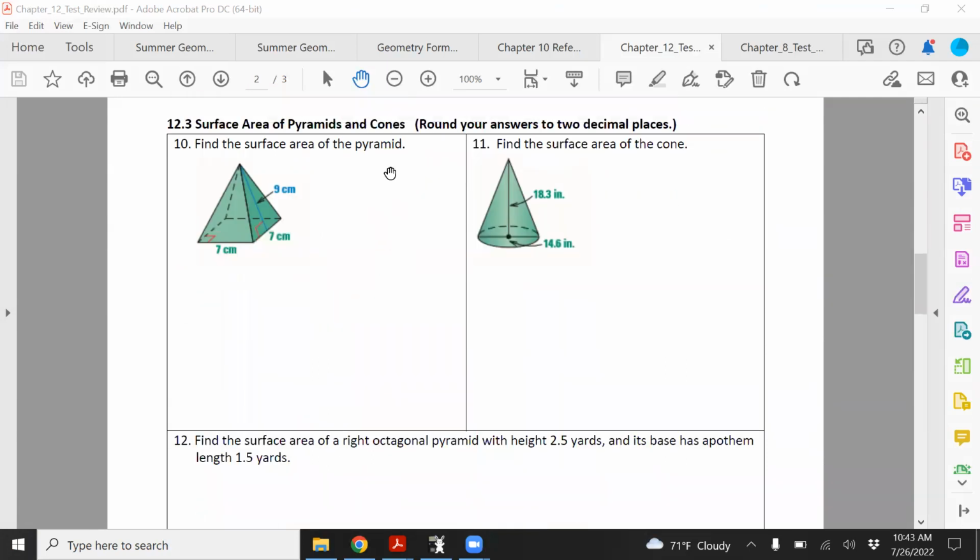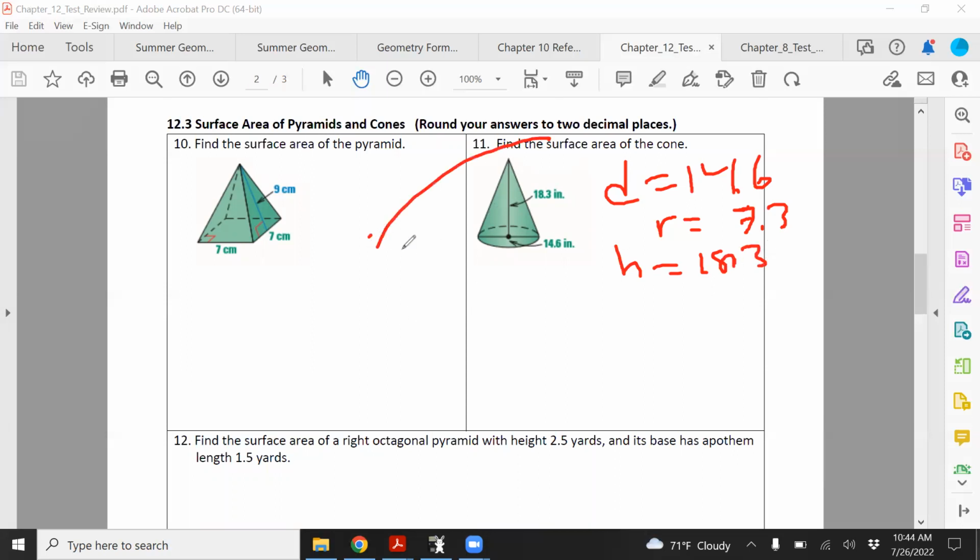Let's look at 11. So diameter is 14.6. So radius is 7.3. Height, of course, is 18.3. And surface area is going to be this. Pi r squared plus pi r L. R is 7.3.